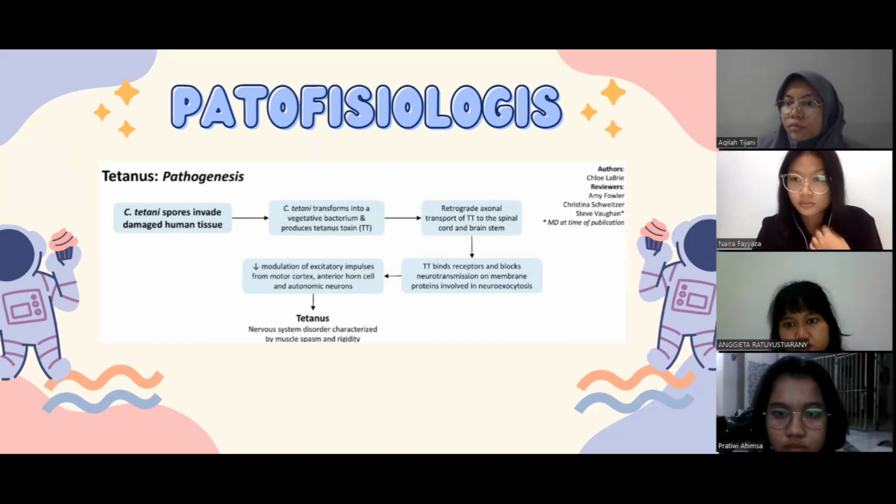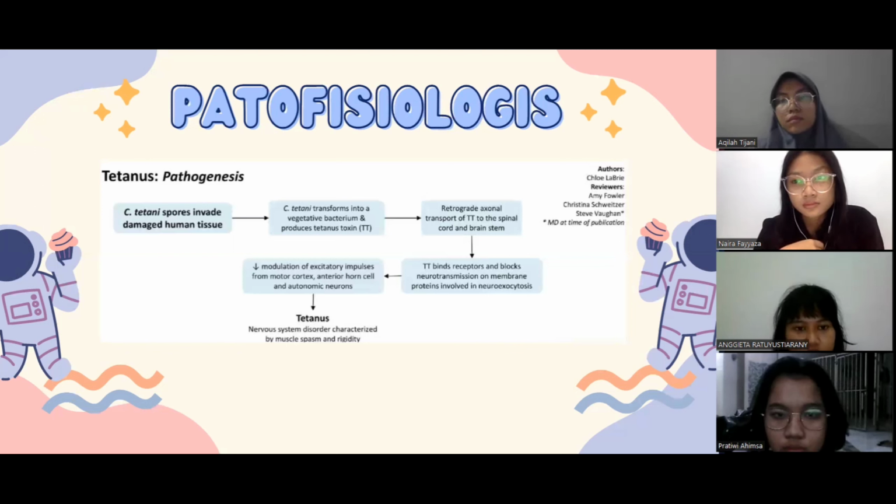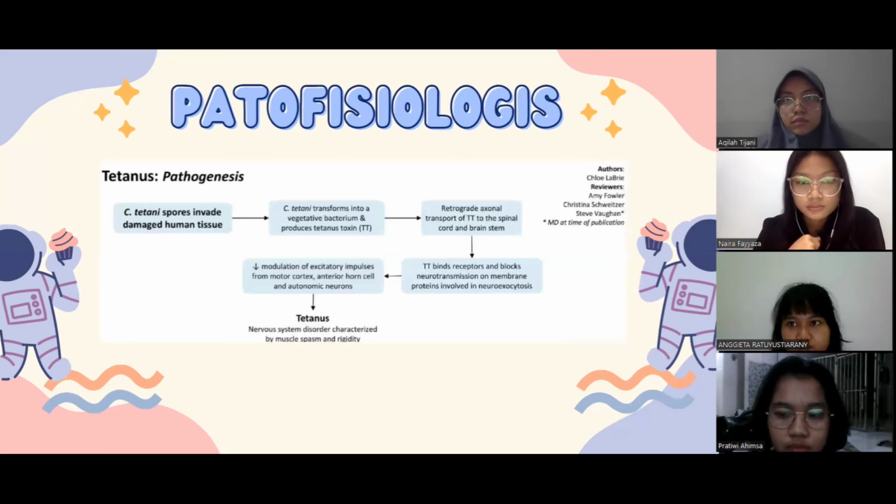Next, TT is transferred to the spinal cord and the brainstem. Then TT binds receptors and blocks neurotransmission on membrane proteins involved in neuroexocytosis. Next, modulation of excitatory impulses from the motor cortex, anterior horn cells, and autonomic neurons is damaged, resulting in tetanus.